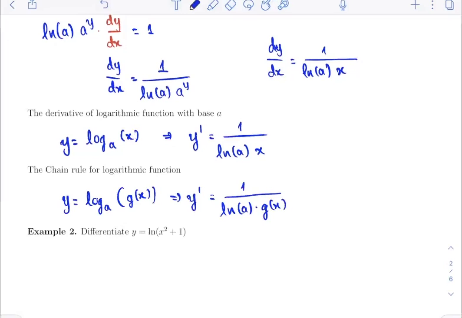Now, because the inside part is more complicated, you need to multiply by the derivative of the inside function. So this is the chain rule for logarithmic functions.